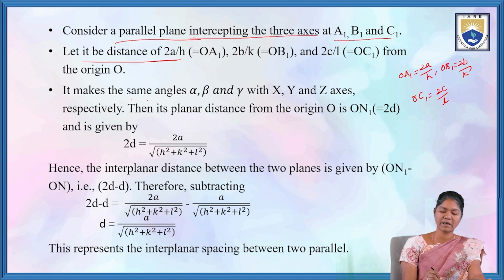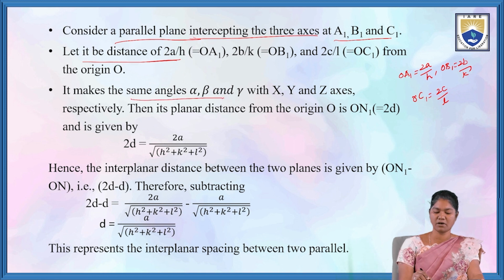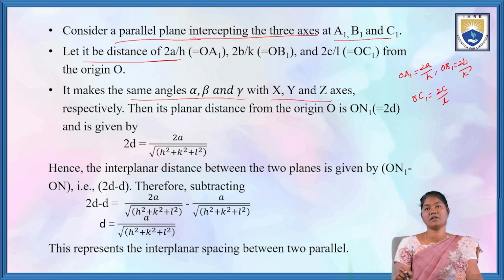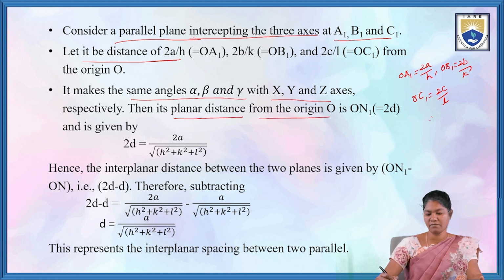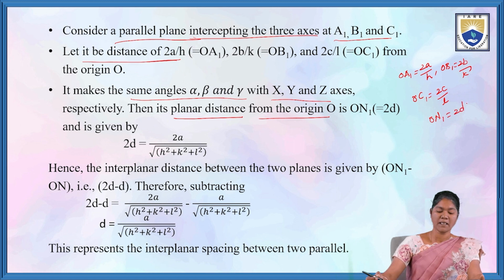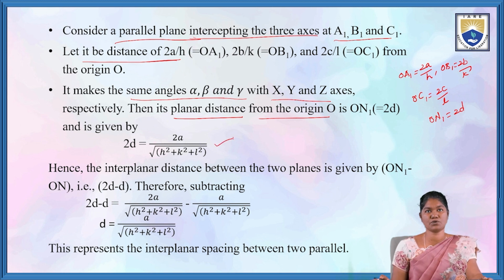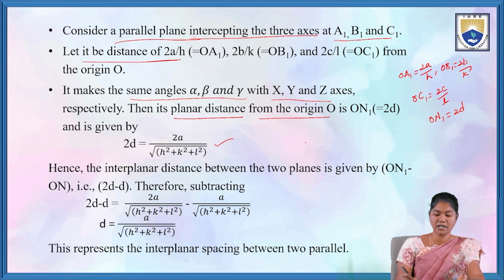So it makes the same angles alpha, beta and gamma with the x, y and z axes. Then its interplanar distance from the origin O is On1, so On1 is equal to 2d. And this 2d is equal to 2a by root of h square plus k square plus L square, as we got from the ABC plane, where the interplanar spacing d is equal to a by root of h square plus k square plus L square.